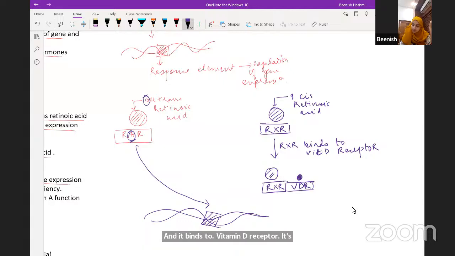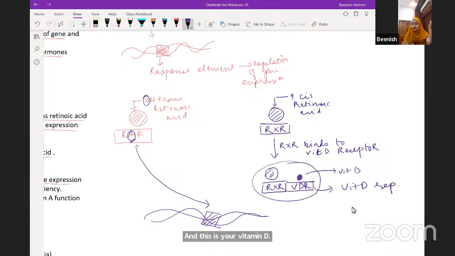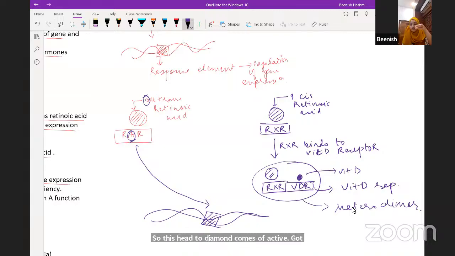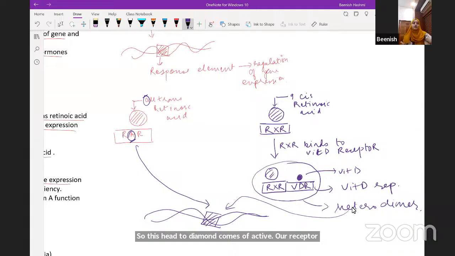Let's suppose this is your vitamin D and this is your vitamin D receptor. Now you can see this is the heterodimer. This heterodimer consists of active RXR receptor and active vitamin D receptor. Now this heterodimer is going to bind to the response element. Okay, here.